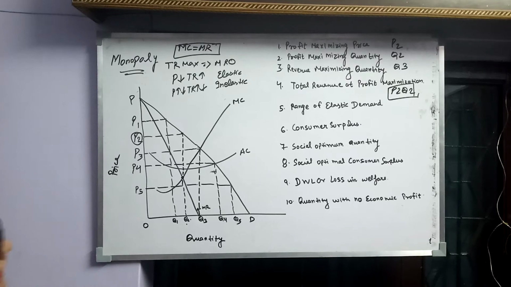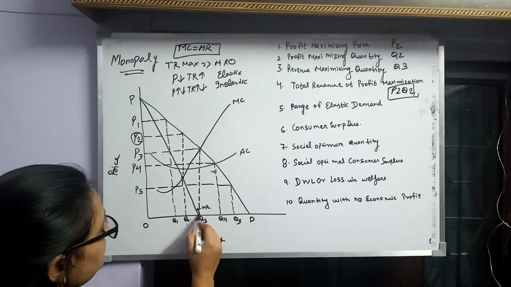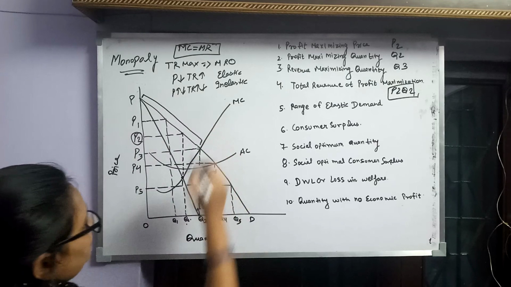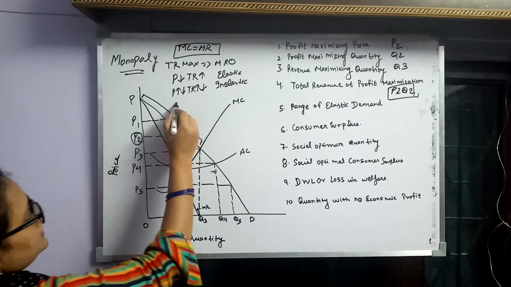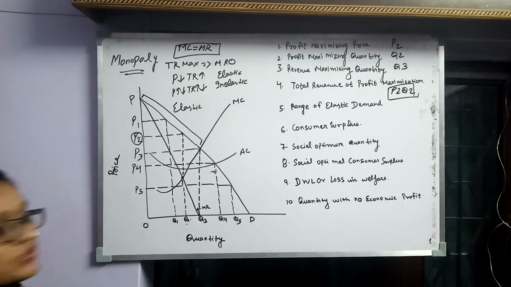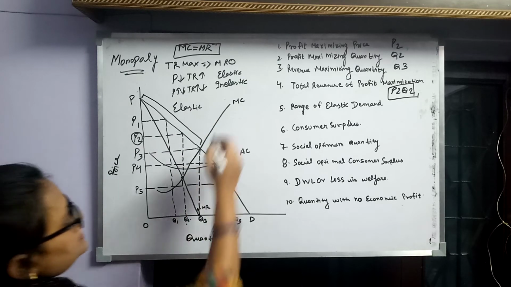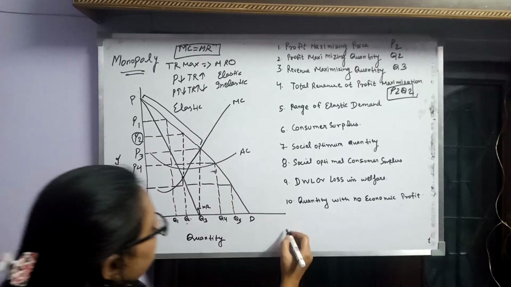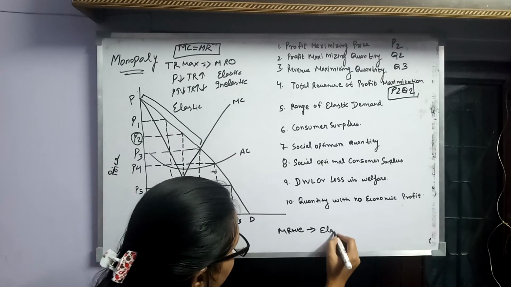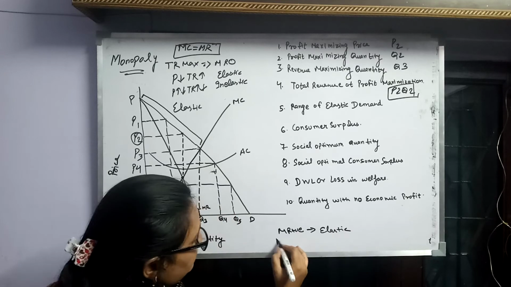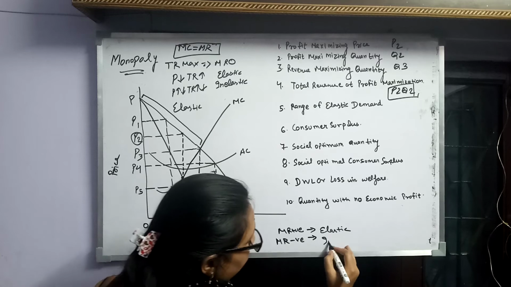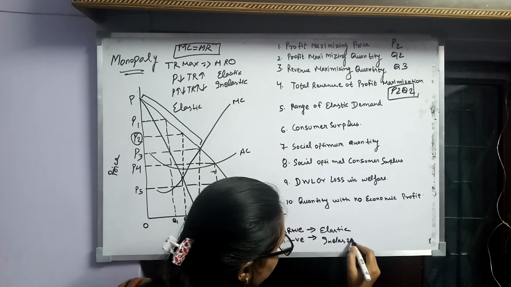So we can see that till marginal revenue is 0, we have elastic demand, and after this we have inelastic demand. In other words, as long as marginal revenue is positive, we have elastic demand, and when marginal revenue becomes negative, then we have inelastic demand.